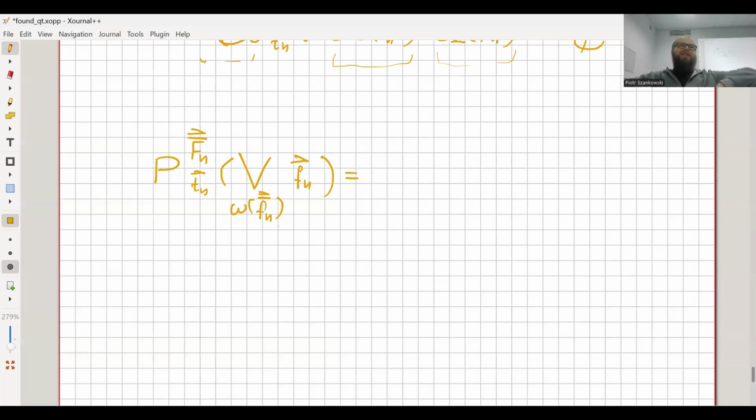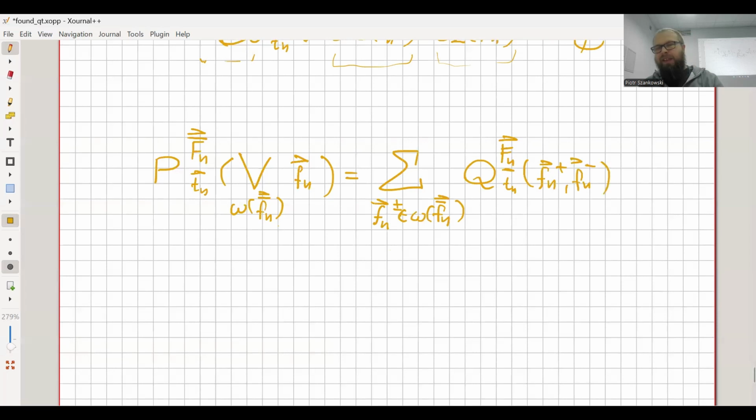Those functions Q allow us to decompose this coarse-grained probability distribution into fine-grained quantities. The fact that the interference is pairwise is encoded in Q being a function of pairs of sequences, not four sequences or something like that.